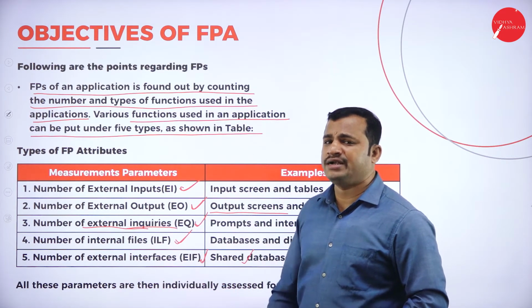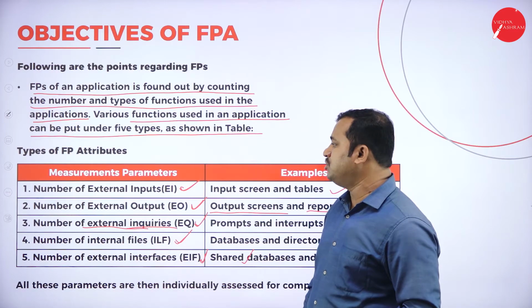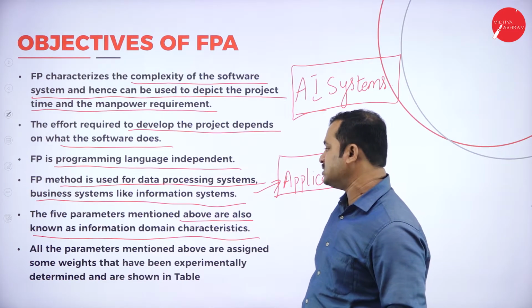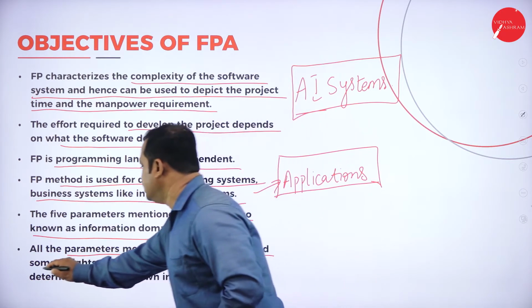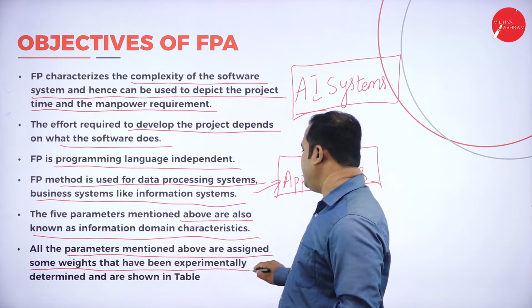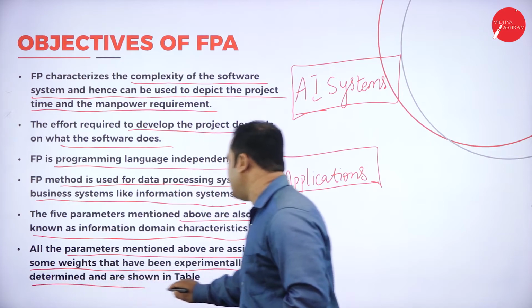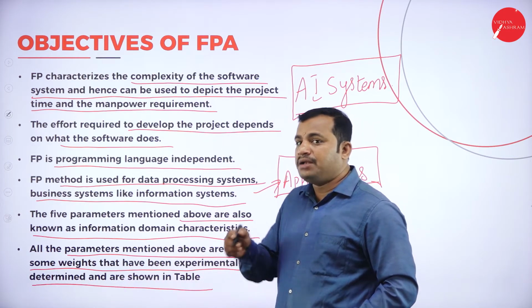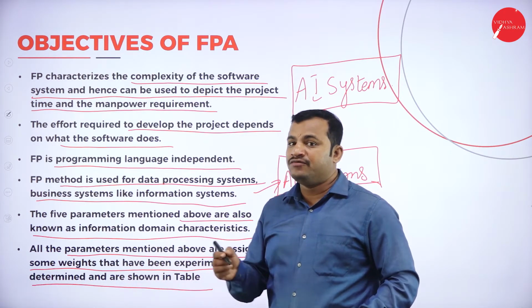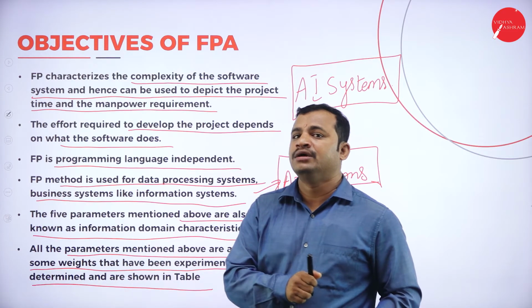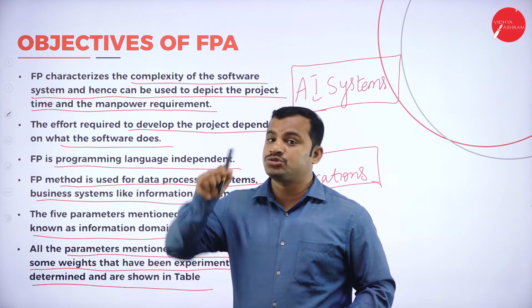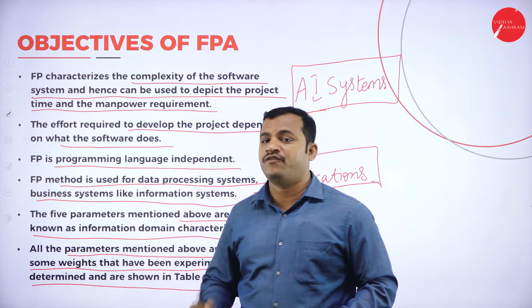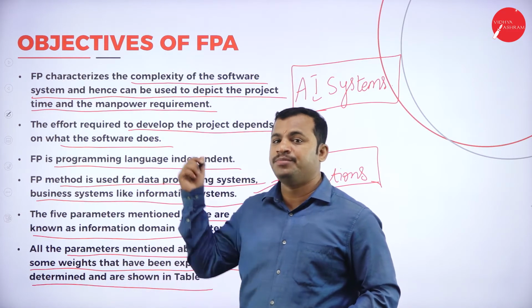All these are types of criteria that help you to determine the function point analysis. All these parameters mentioned above are assigned some weights that have been experimentally determined and are shown in the table. Let me show you the table in which we are going to calculate the function point analysis of a program, and how you can find out the function point analysis is going to be explained there.